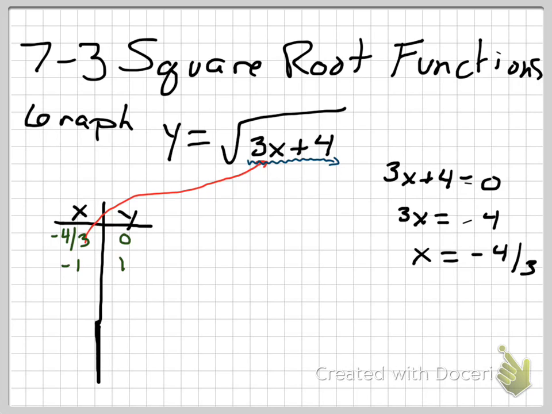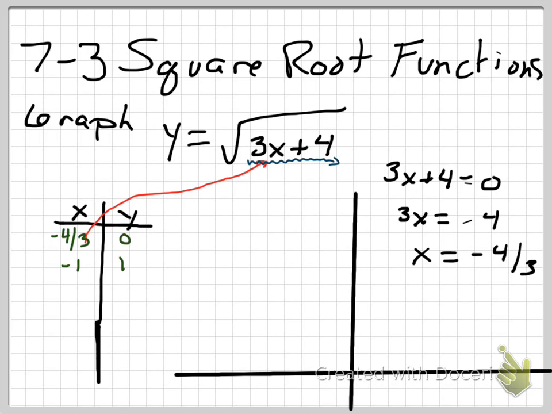So if I plot these 2 points, negative 4/3, 0 is right there, that little green dot that I've put on my xy axis. That's where this thing starts. And negative 1, 1 is right there.